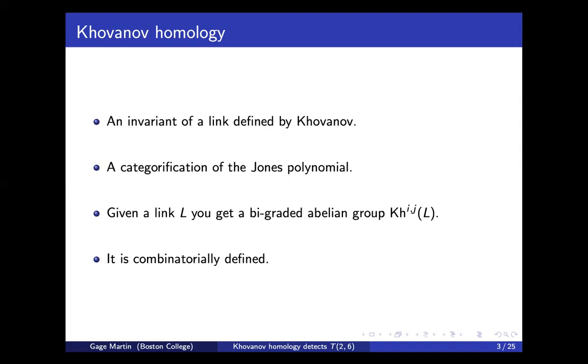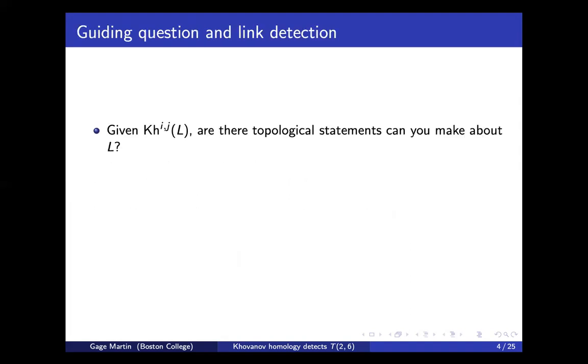So given this combinatorially defined invariant, as a low-dimensional topologist, a very natural question is: if I'm told that the Khovanov homology of some link L looks like this, what do I know about my link L? Are there topological statements that I can make?